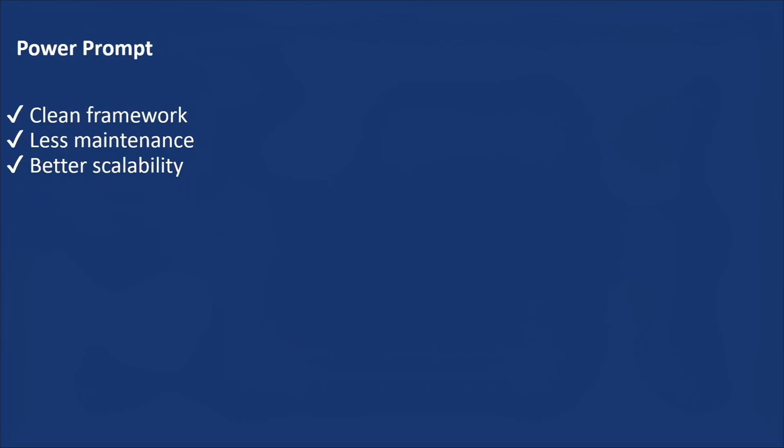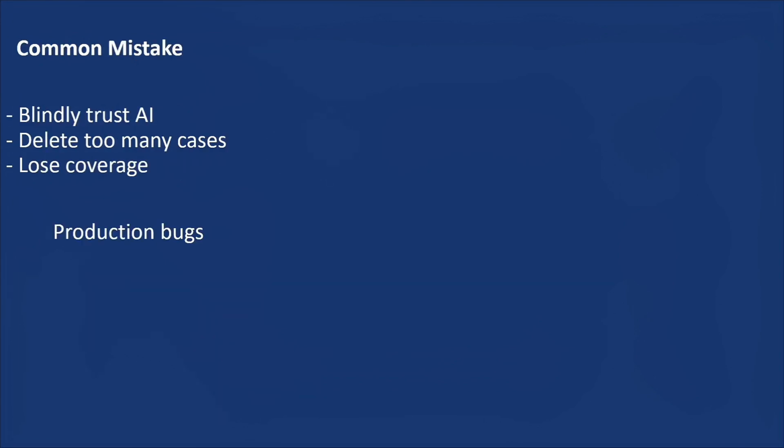If you try this power prompt: analyze the following test cases and remove duplicates, merge overlapping scenarios, and provide a minimal yet complete test suite, ensuring functional, negative, and edge coverage with expected results.